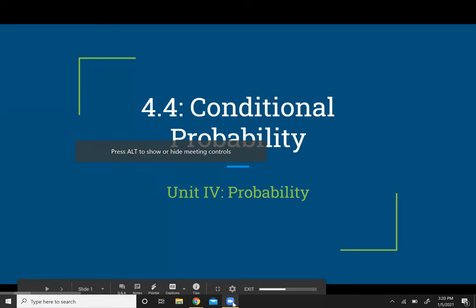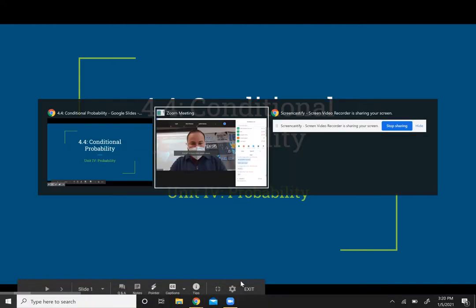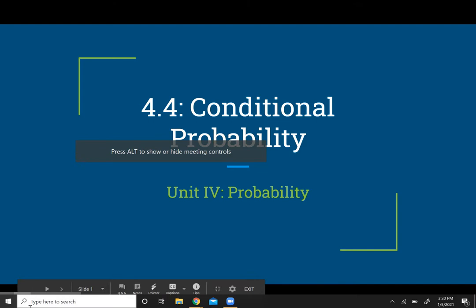See, my Zoom's all messed up. Gosh, dang it. Completely frozen.